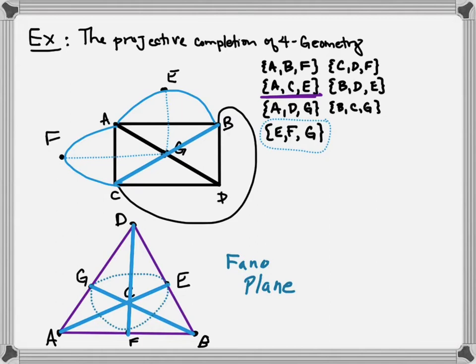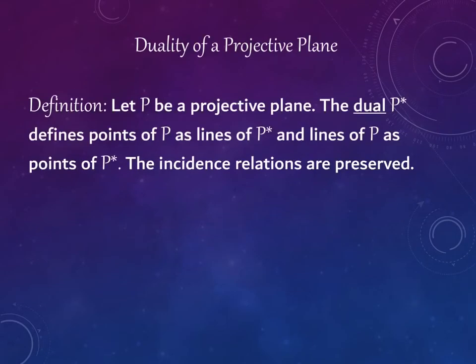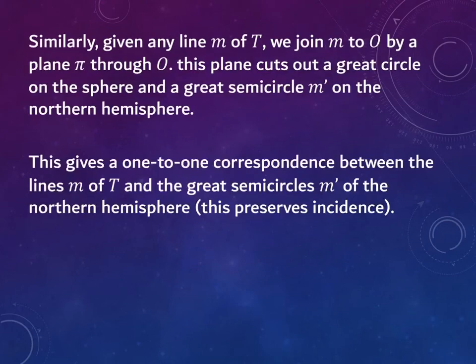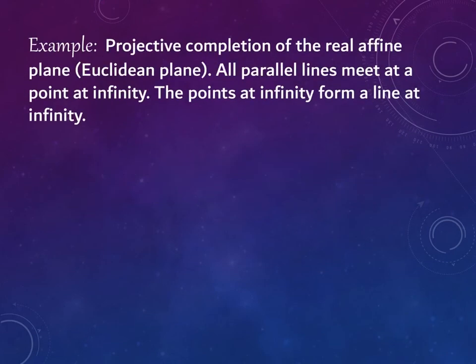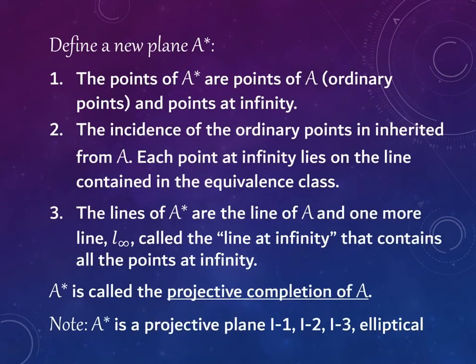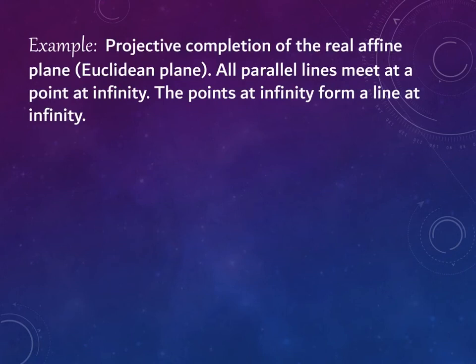Okay, I want to show you another way to visualize what we're doing. I talked about my railroad tracks. We did a specific example for the 4-point geometry. We did that. So here's where we were. The projective completion of the real affine plane, taking the Euclidean plane: all parallel lines meet at a point at infinity.